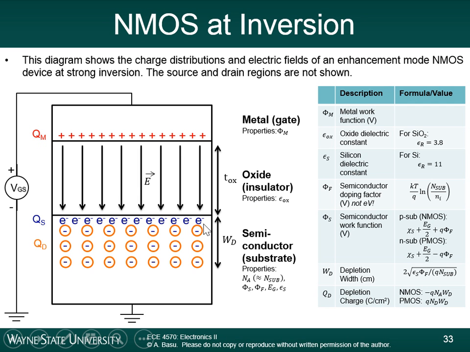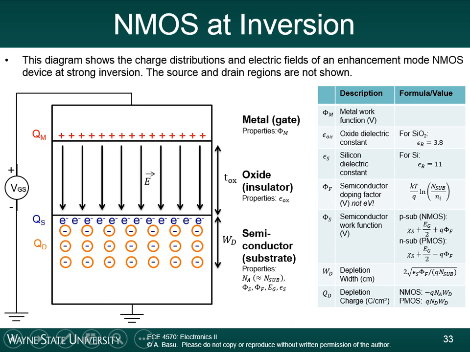The positive charge buildup results in a negative electric field, or the electric field which is pointing down. And that electric field exists through the oxide, and it also exists through a portion of this region as well. As a result of the electric field, the electrons like to go opposite the electric field, so the electrons accumulate near the interface. This is the inversion channel, shown in blue.